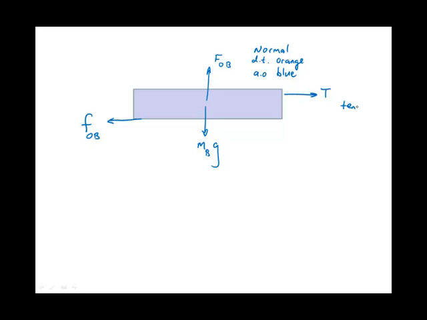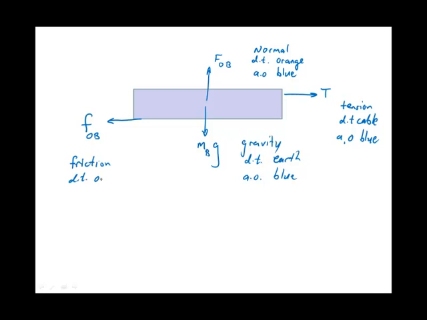This is a tension due to a cable acting on the blue beam. This is gravity due to the earth acting on the blue beam. And this is a frictional force due to the orange beam acting on the blue beam. And those are my forces.